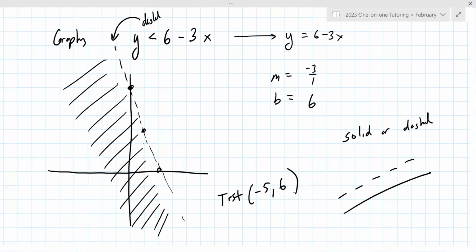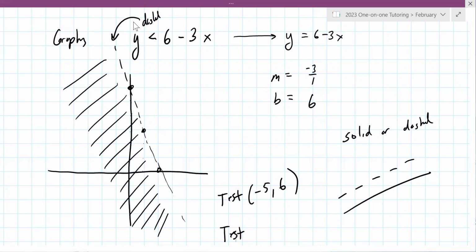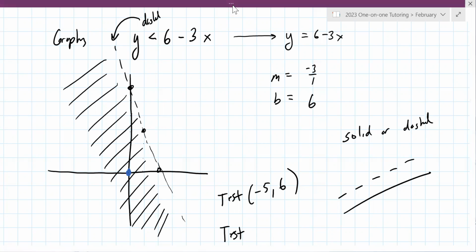It is true. Now, if I told you to test something that's pretty close to the graph, that's where we could run into some issues, since you may or may not know if you haven't graphed it well. So always pick something far enough away. The origin's always really good, but make sure it's actually not on the line.